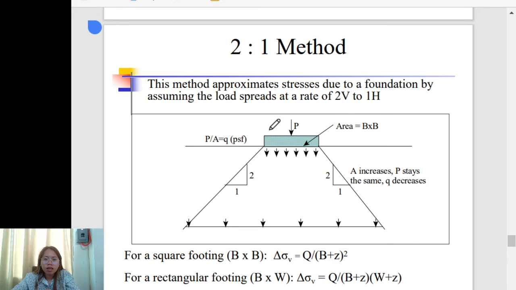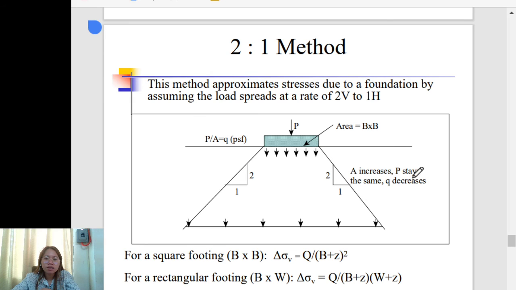So we have the load P and area B times B. The stress at this interface between the footing and the soil is P over A. Then, using the 2:1 method, you have the vertical 2 and the horizontal 1.